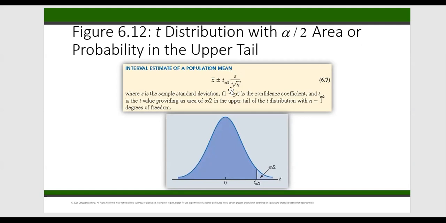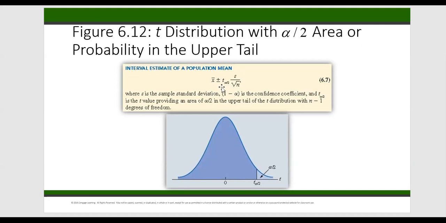We talked about this as S divided by square root of n, the estimated standard error for X bar, and we call it a standard error. Standard error, when multiplied by t half of alpha, this whole thing is called margin of error. So X bar plus margin of error gives us the upper limit. X bar minus margin of error gives us the lower limit.